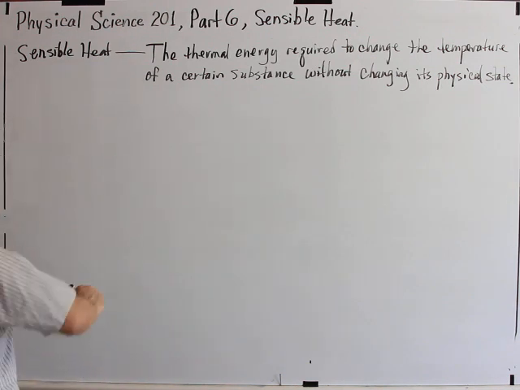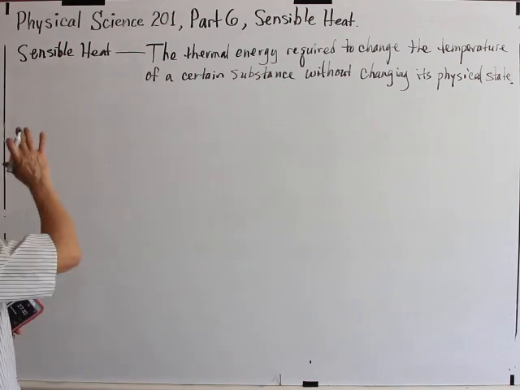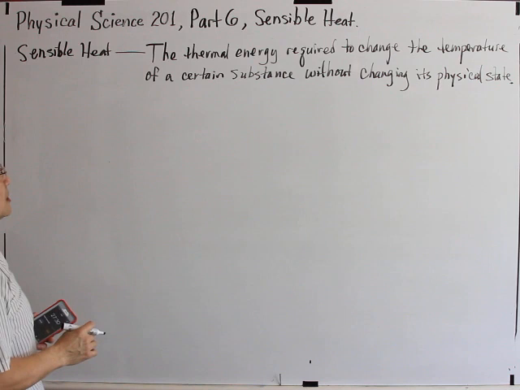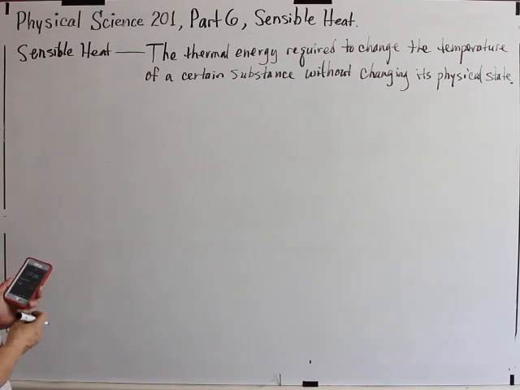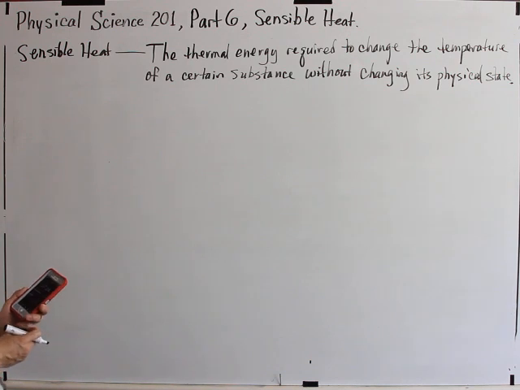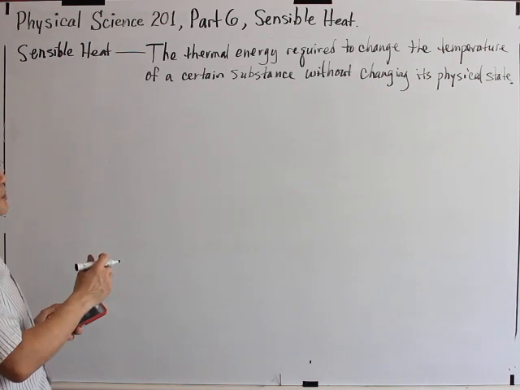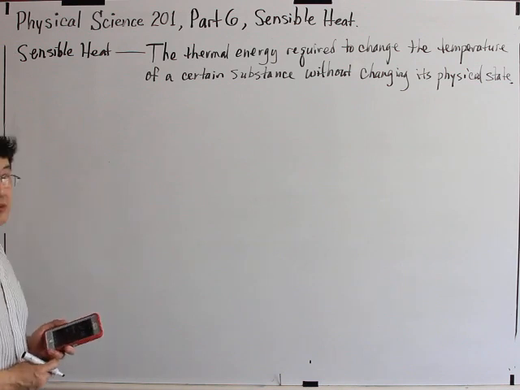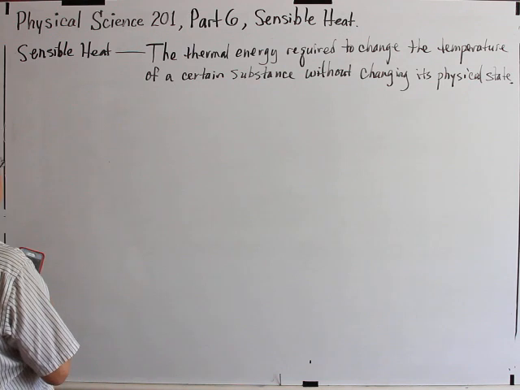Alright? So we already understand this, right? Now, is there any other heat involved in a physical change, with or without temperature change? Yes, we're going to get into that in the near future. That's sensible heat.